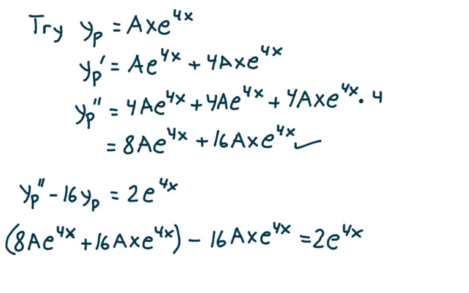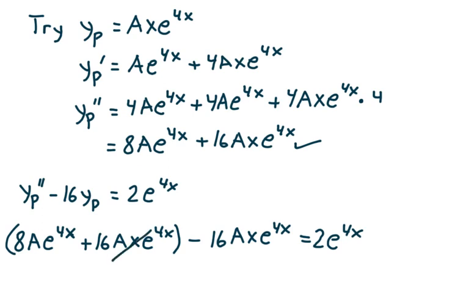So remember, by design, y sub p double prime minus 16y sub p is equal to 2e to the 4x. If I make my substitution and solve, I get 8a e to the 4x plus 16ax e to the 4x minus 16ax e to the 4x is equal to 2e to the 4x.